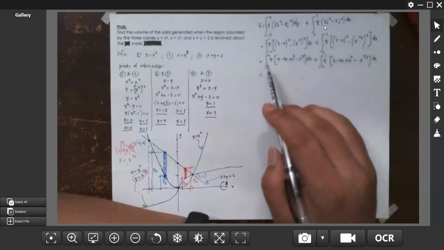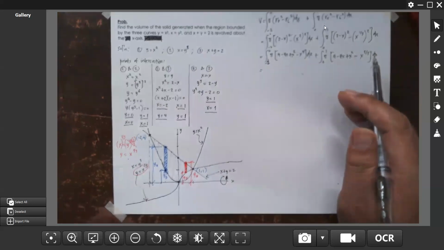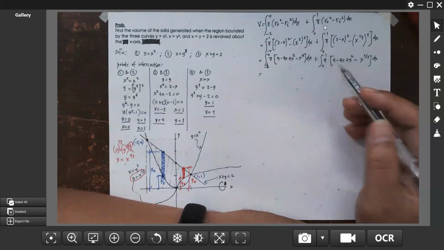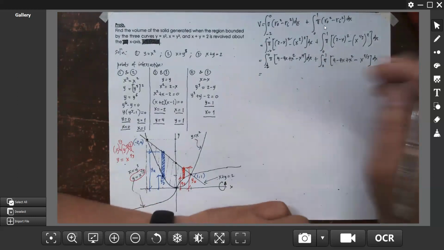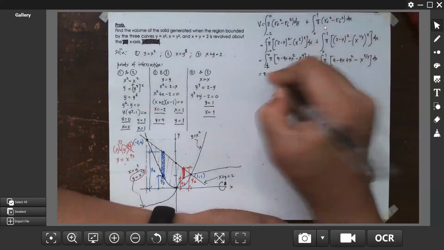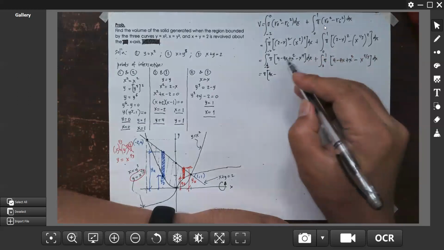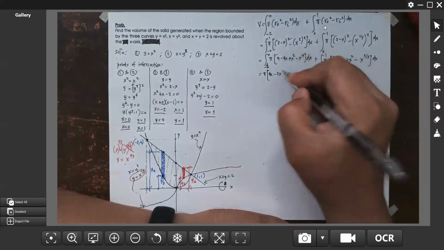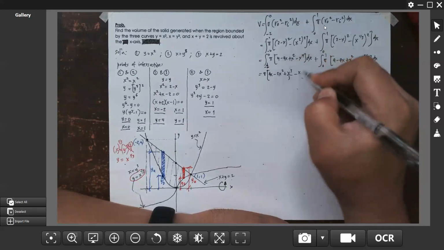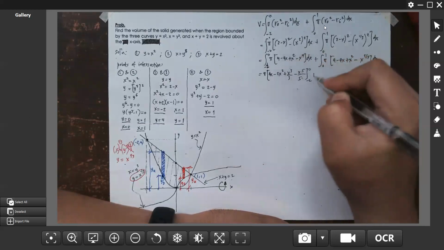So we may integrate this one and then evaluate from lower to upper limits. But we can also use our calculator. This one's pi times 4x minus 2x squared plus x cubed over 3 minus x raised to 5 over 5, from -2 to 0.